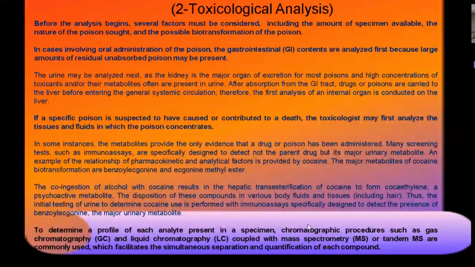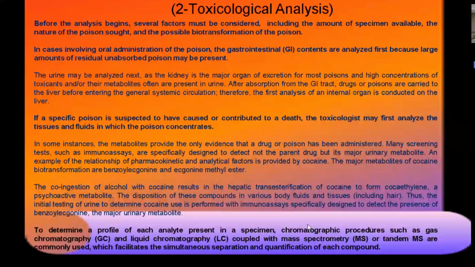Many times we see that when there is co-administration or co-ingestion of two things at a time, there is some biotransformation in the liver which causes another, more toxic compound to form. An example is co-ingestion of alcohol along with cocaine.